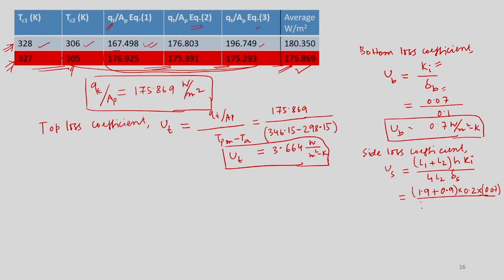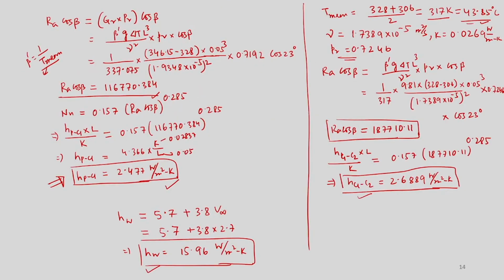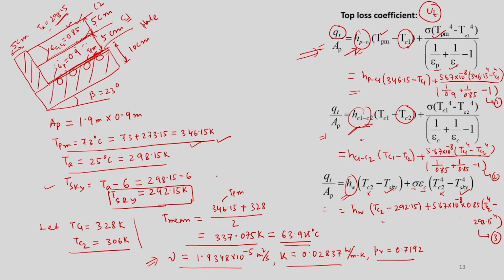And then we will have L1, 1.9 multiplied by 0.9, into delta S, which is given as 0.05, the side thickness. So, what is the height here? I will go back here to get this height. So, this is 5 centimeter, this is 5 centimeter and this is 10 centimeter. So, 5 plus 5 plus 10 becomes 20 centimeter. Okay. So, 20 centimeter means 0.2 meter. Okay. That is the height of the collector. Okay. So, this is nothing but the H.